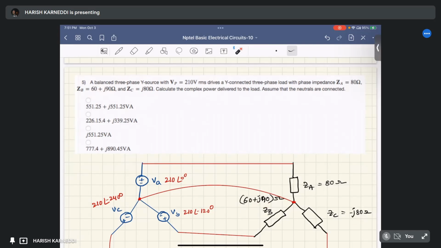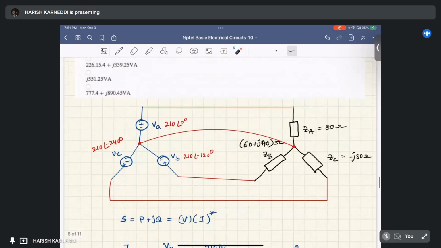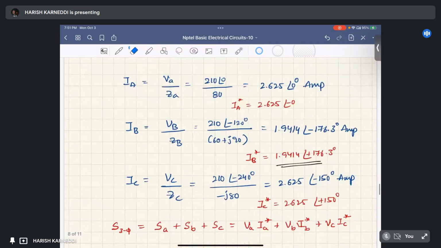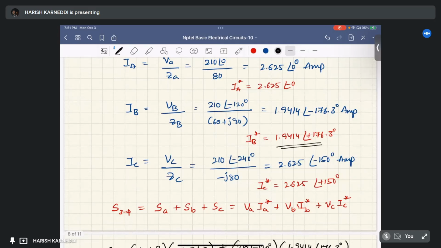Okay, ZC is here j80, it's not minus j80. So sorry, it is j80.